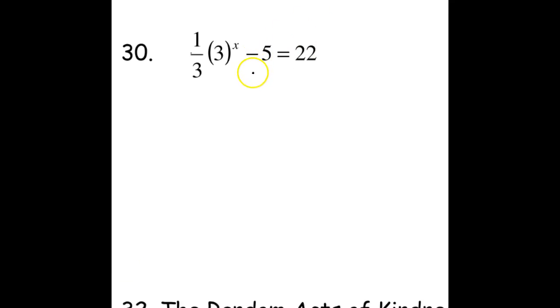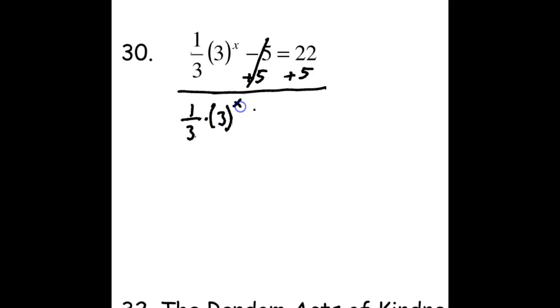Okay, we got a minus 5, so let's go ahead and add 5. So 1/3 times 3 to the x equals 27. And we have multiplied by the reciprocal here, so multiply by 3 over 1 to cancel out the 1/3.